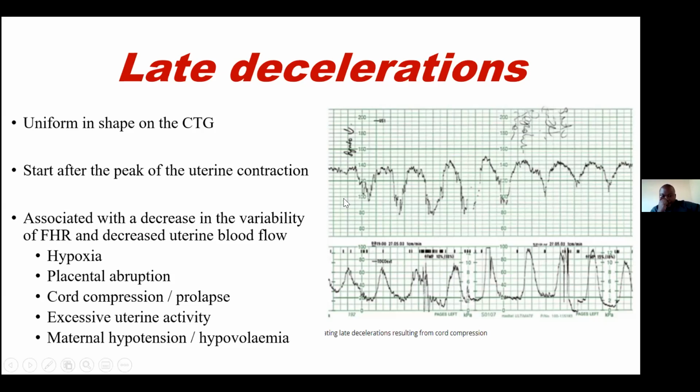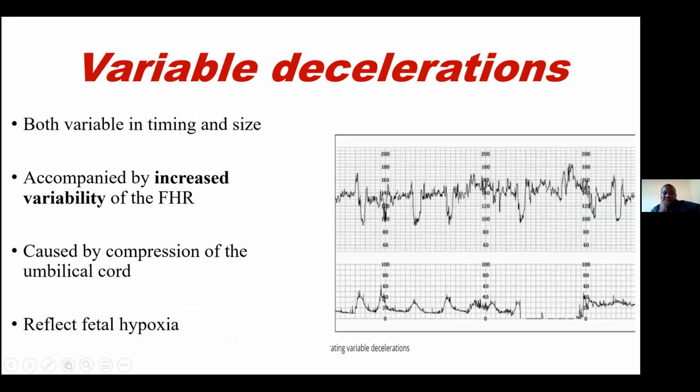Next, please. Compared to the late deceleration, which comes after the uterine contraction, this variable deceleration can come anytime. On the bottom we have the uterine contraction, and at the same time above it we have the variation below 110.